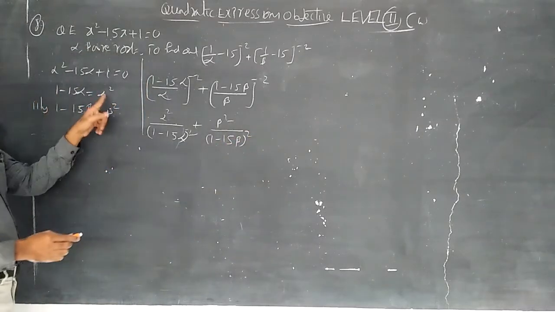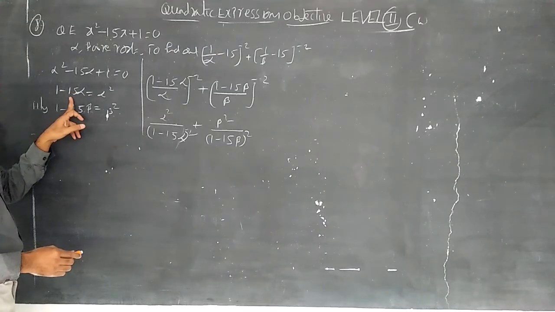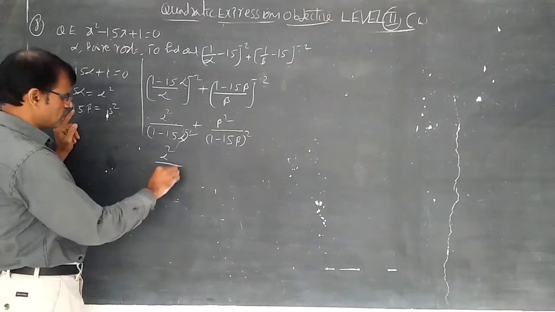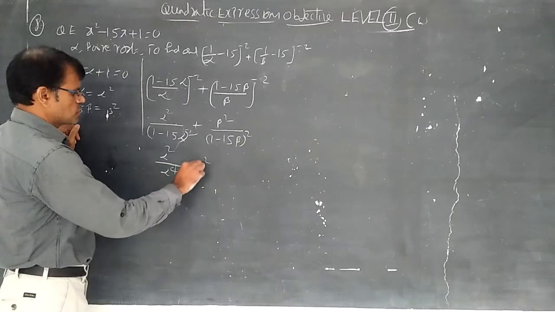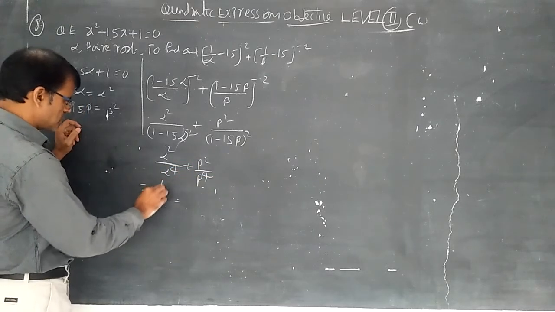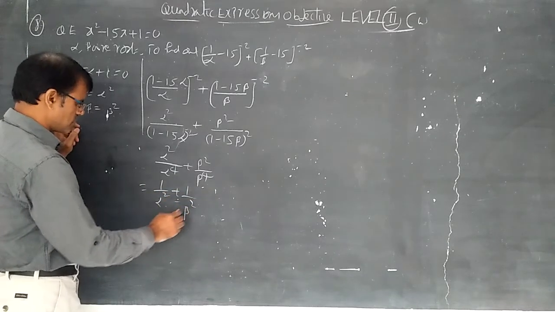Now 1 minus 15 alpha means alpha square, so alpha square by alpha power 4, and beta square by beta power 4. That is equal to 1 by alpha square plus 1 by beta square.